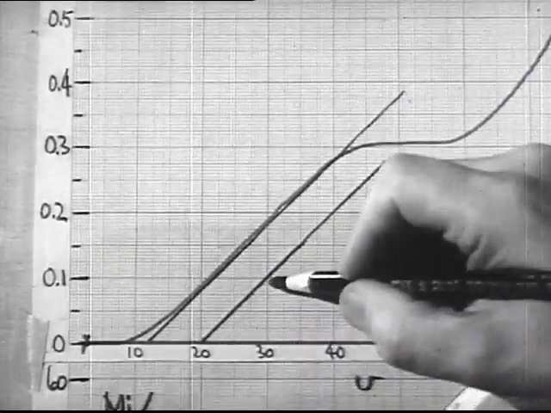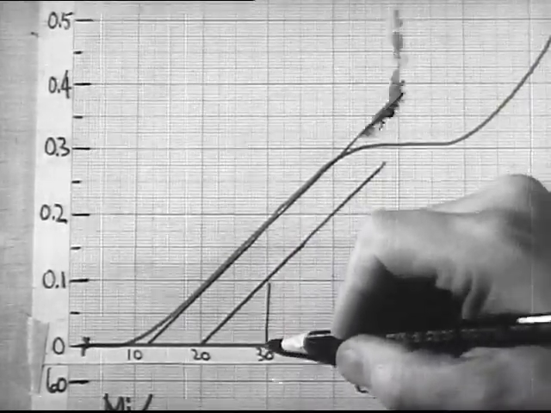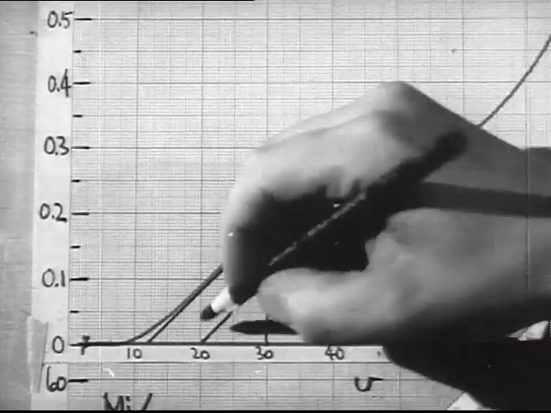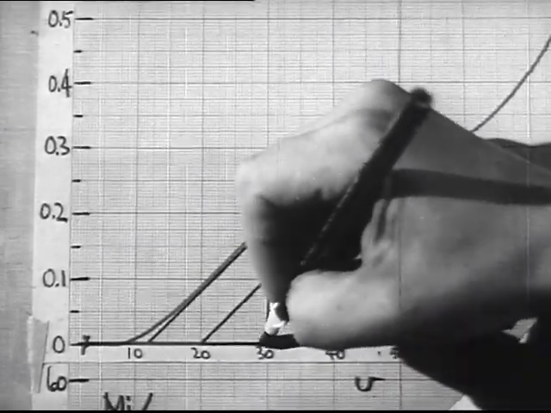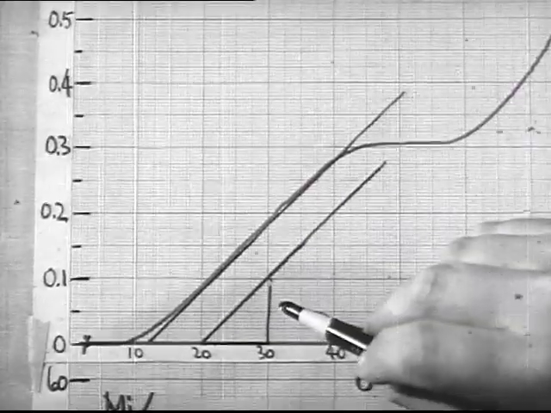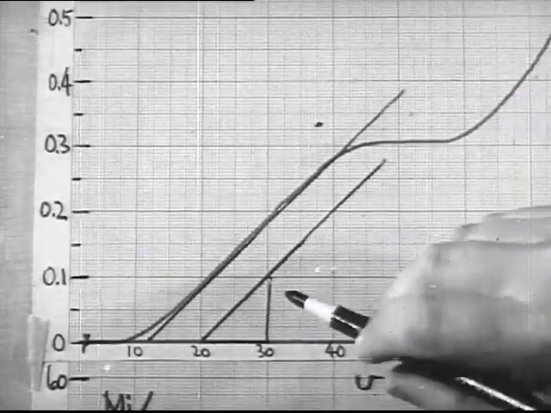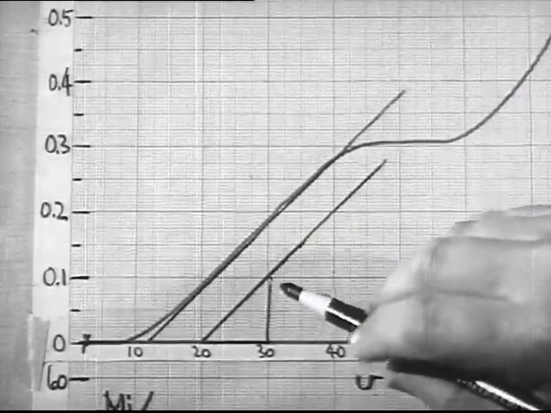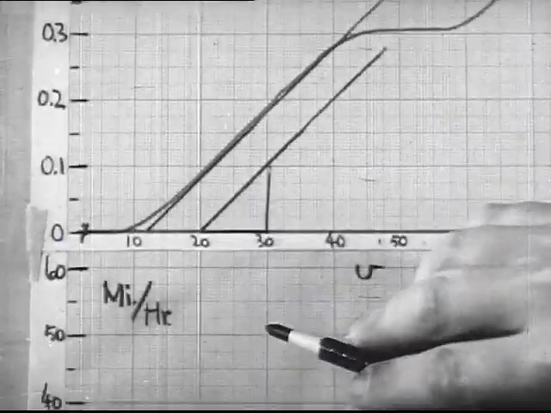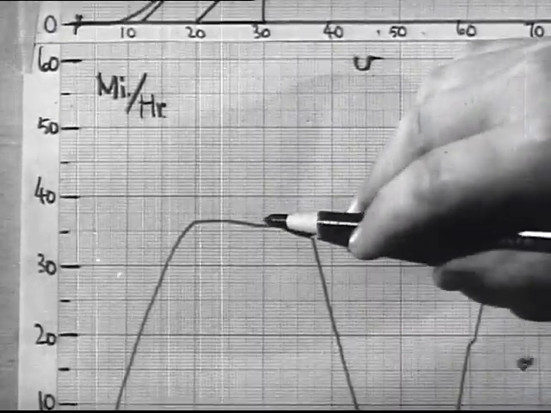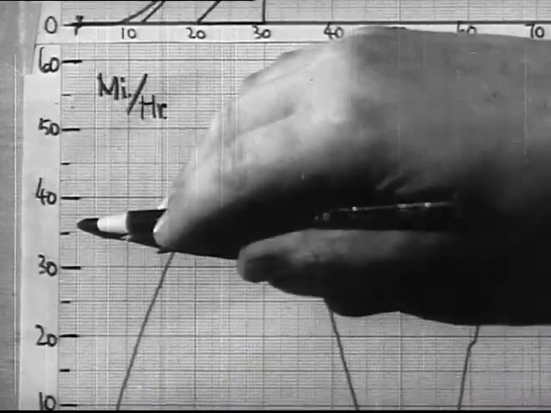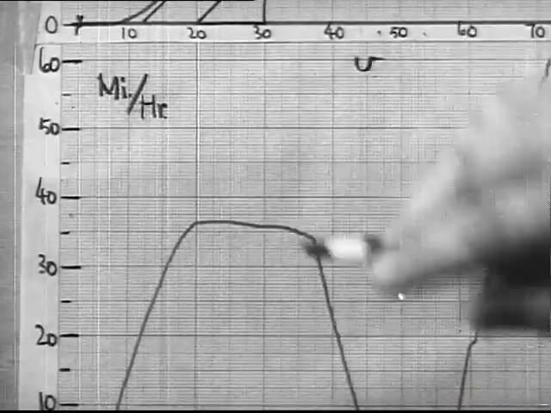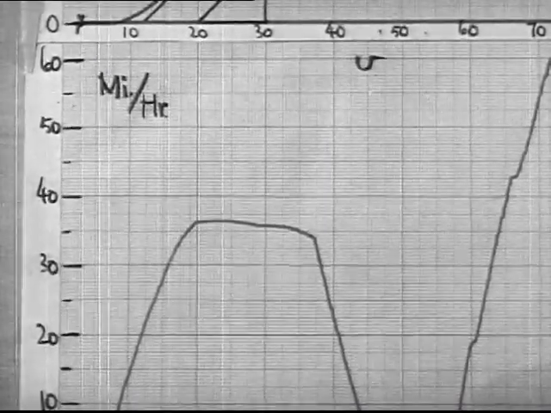I'll read it off. We can let delta d be this interval, 1/10 mile, delta t 10 seconds. So the slope is 0.1 over 10, or 0.01 miles per second. The speed that we read here is 36 miles an hour, and you'll recall that that is 0.01 miles per second.